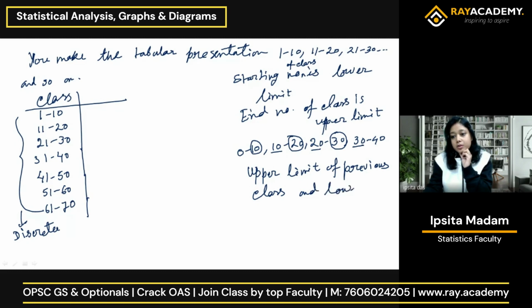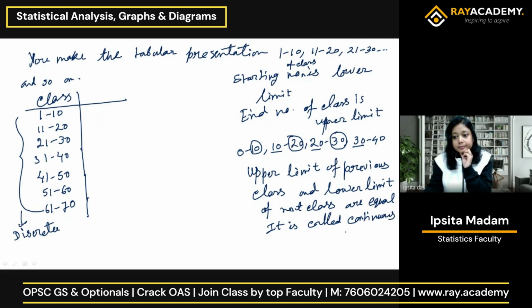When the upper limit of the previous class and the lower limit of the next class are equal, it is called a continuous class. And obviously, when it is not so, when the upper limit of the previous and lower limit of the next class are not equal, then it is called the discrete class.